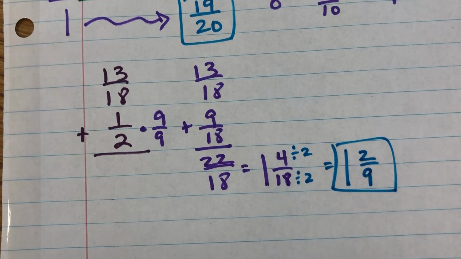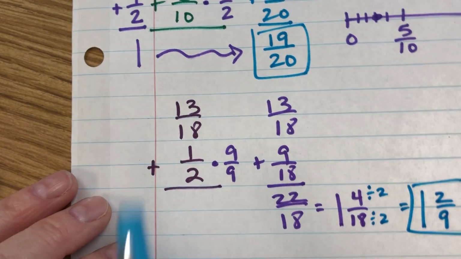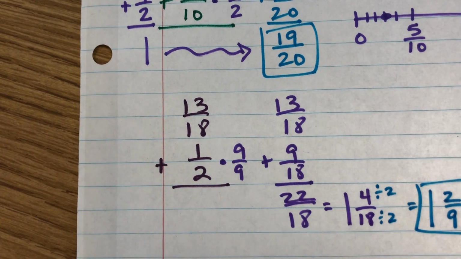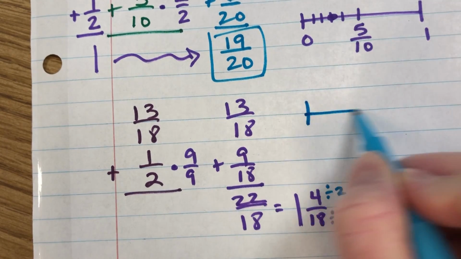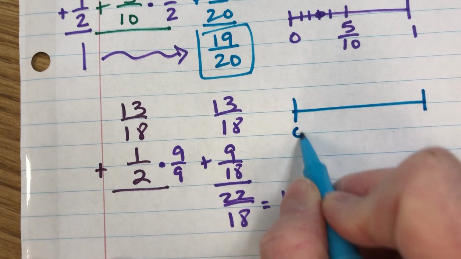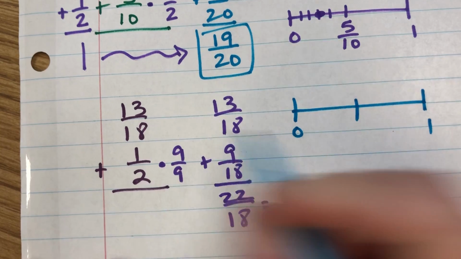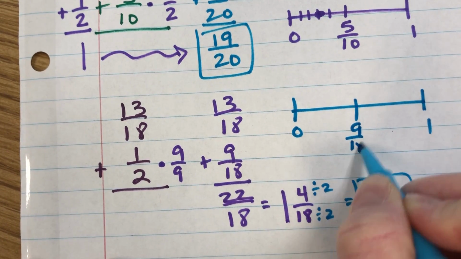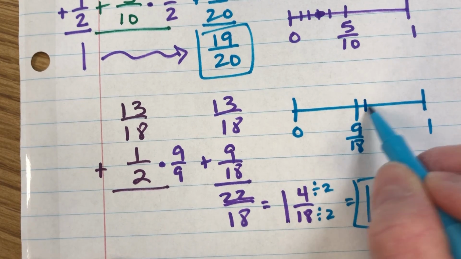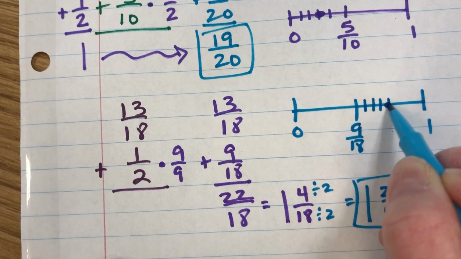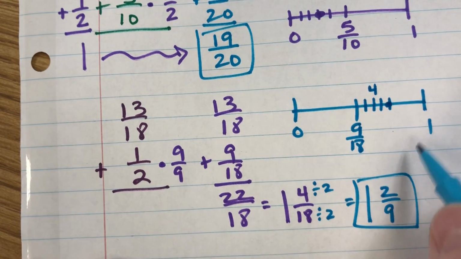All right, let's use some estimation skills. I have 13/18. I want to know which one that is closer to, 0, 1/2, or 1. So if I'm on a number line here, here's 0, here's 1. If I'm dealing with 18ths, the halfway mark is 9/18, right? So 13/18, 9, 10, 11, 12, 13/18 would be 4 away from the half mark.